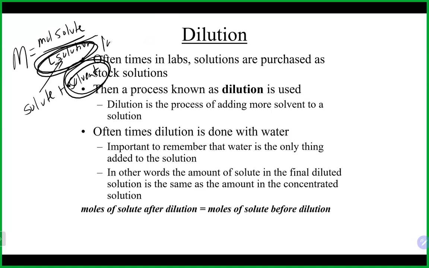So the molarity ends up going down, right? Because you're dividing now by a larger number on the bottom than you started with. That is why we see the molarity go down when we do a dilution, because essentially we're adding more volume of solution, and that, mathematically speaking, is going to put a larger number on the bottom and drop the overall molarity.